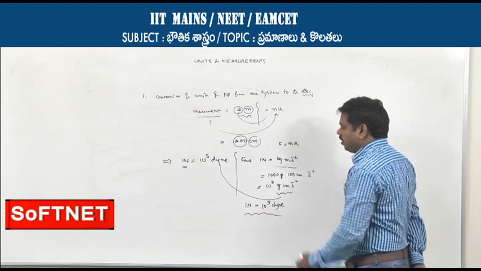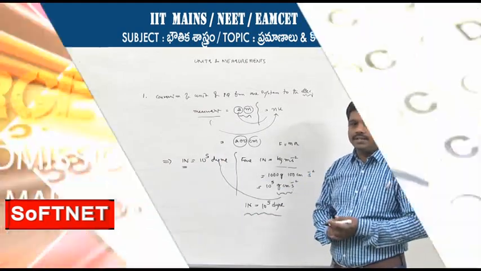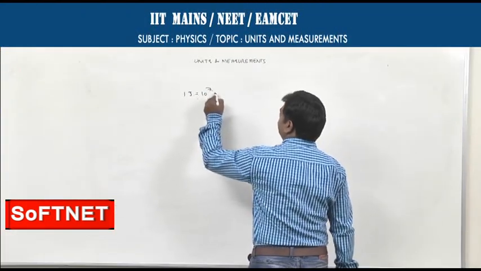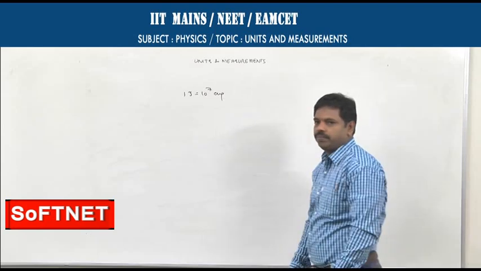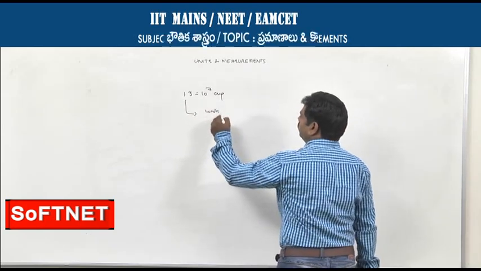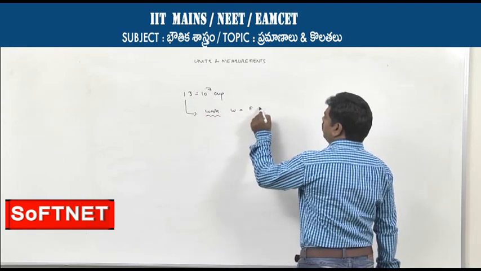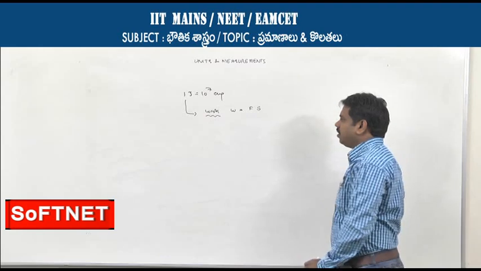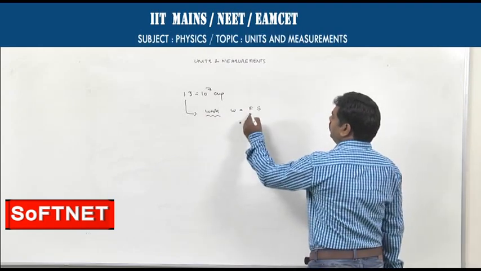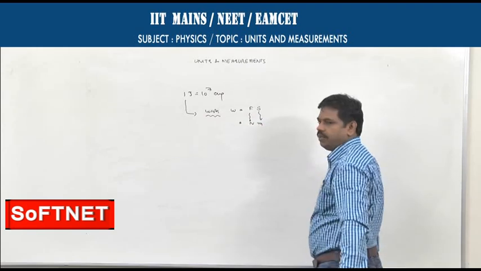Like this we can convert any unit from one system to the other system. Similarly, how to get 1 joule is equal to 10 to the power of 7 erg. Joule is a unit for work. Work is equal to F dot S, the dot product of force and displacement. Here the force unit is Newton, the displacement unit is meter.